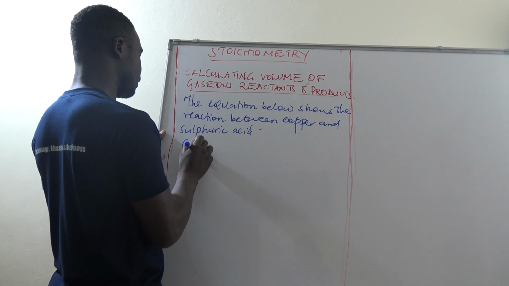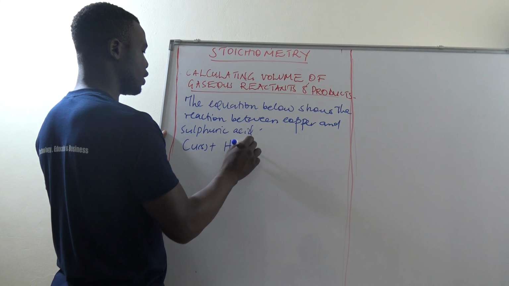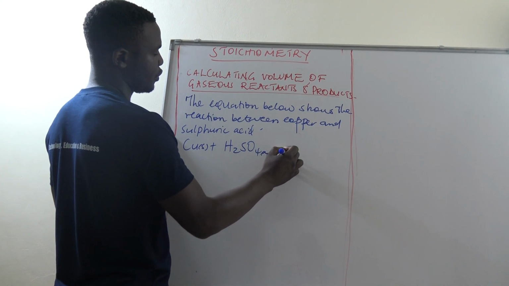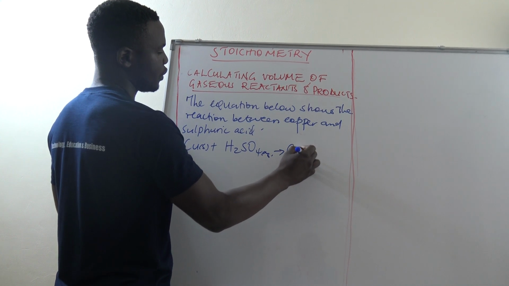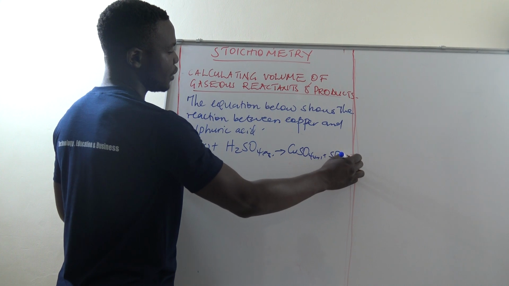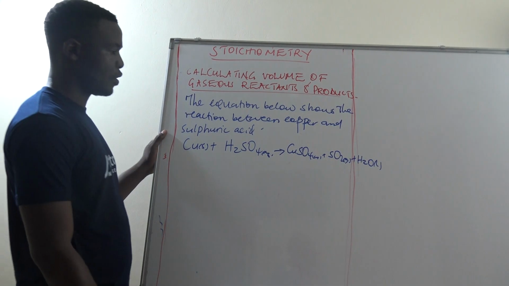So here is the equation: copper plus sulfuric acid, aqueous. The product is copper sulfate, which is aqueous, plus sulfur dioxide plus water, which is the liquid.